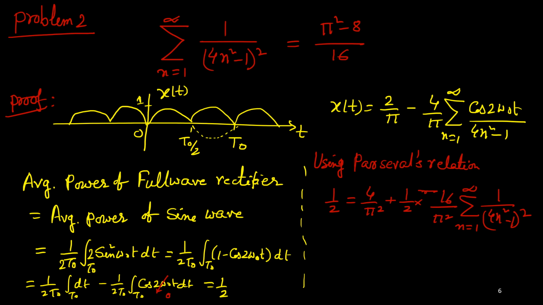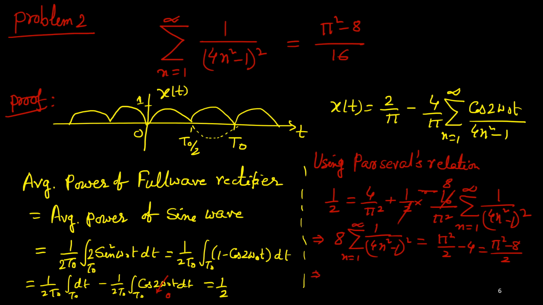Right? So this 2 and 16, it is 8. So therefore, you see, this is 8 times this one, 1 upon (4n square minus 1) whole squared, which is the same as pi square by 2 minus 4, and that is equal to pi square minus 8 by 2, n equals 1 to infinity.